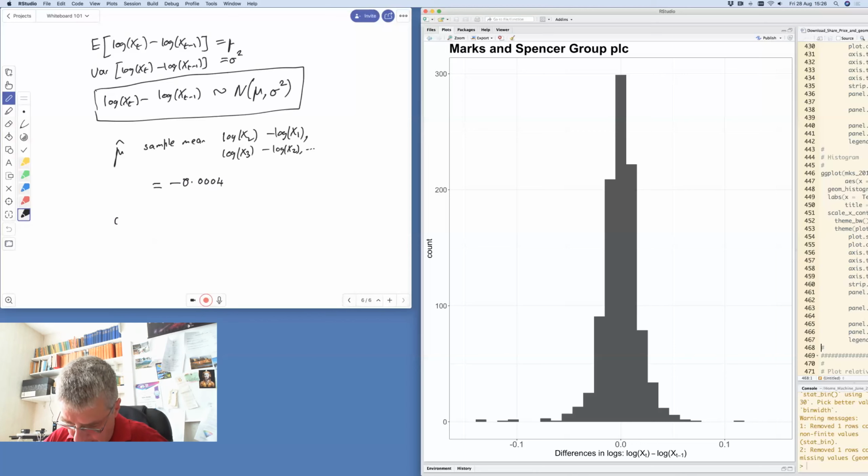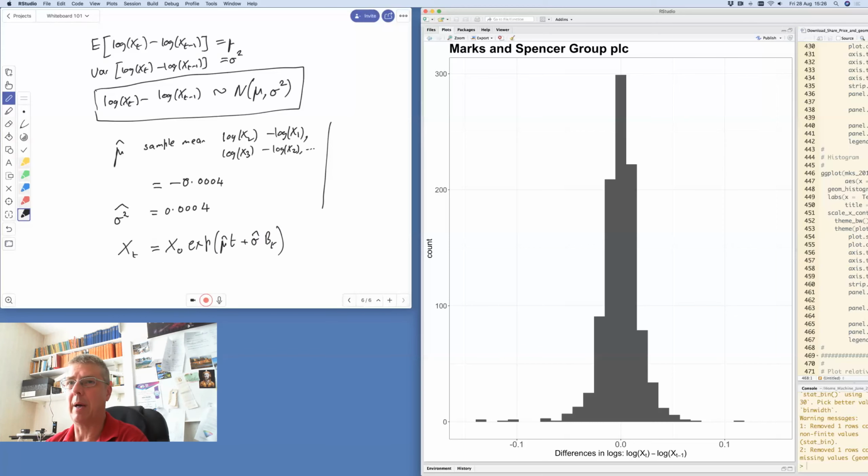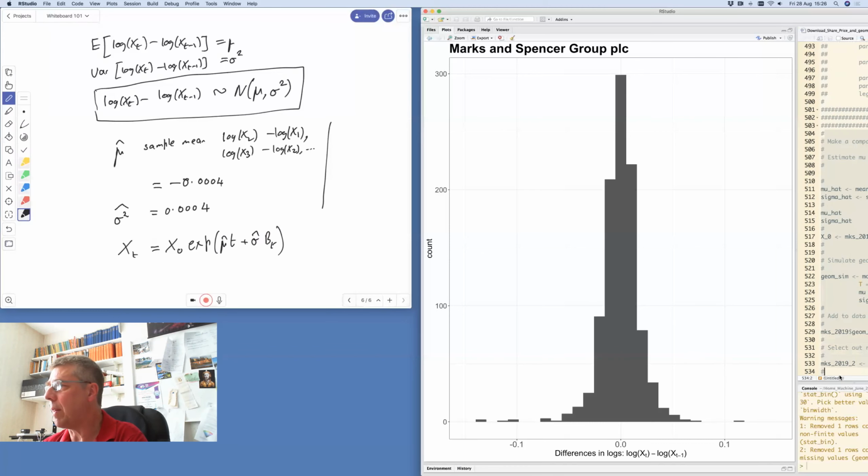Similarly, we find that sigma squared, the estimate of the variance, which is the sample variance of all the differences of the logs, is 0.0004. So if I plug those values into my original geometric Brownian motion model, estimating sigma hat by the square root of sigma squared hat, let's see what sort of curves result. So I need to run this code here.